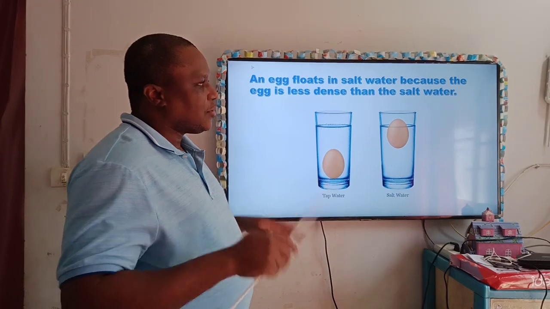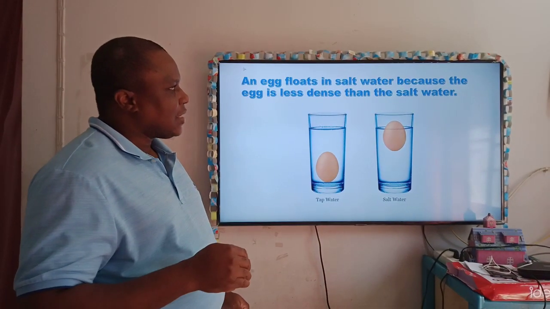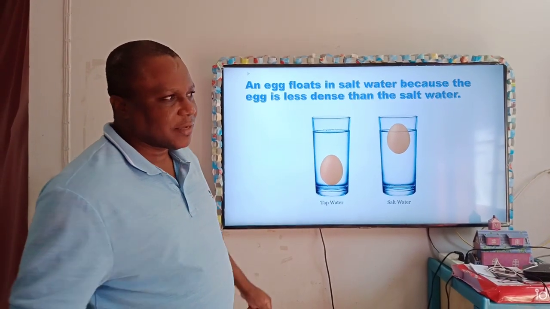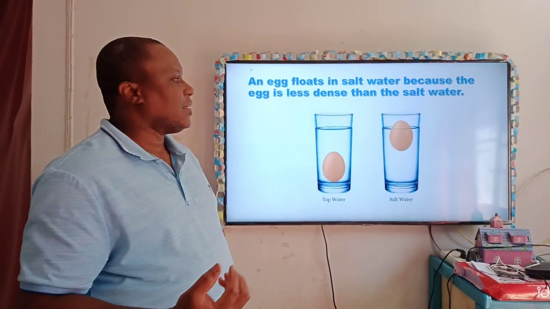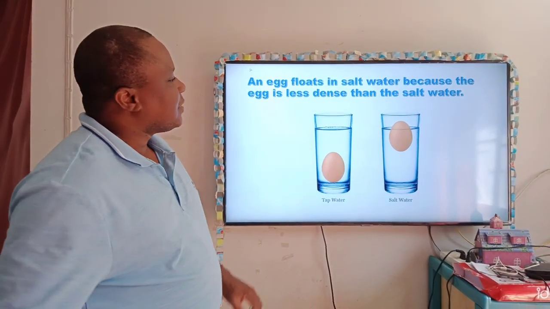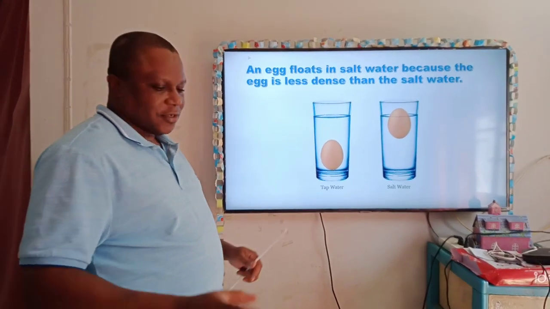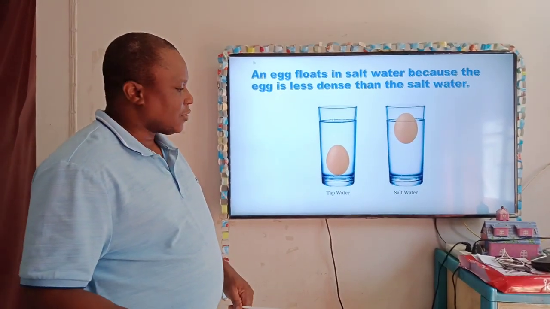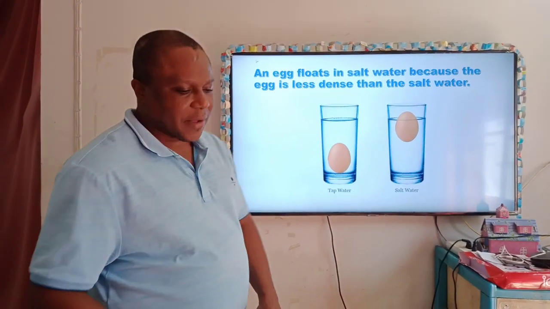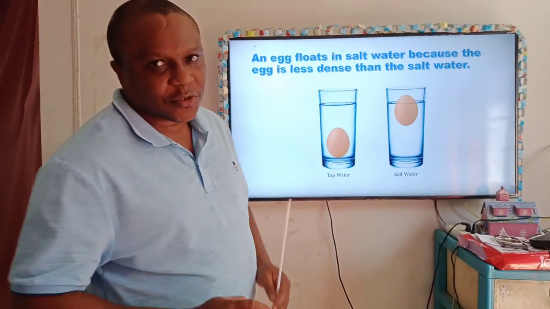But remember that when boats have leakage, the water can penetrate inside the boat and make the boat sink. That is what I'm trying to explain here, and now I will show you the experiment with the egg, the tap water and the salt water.